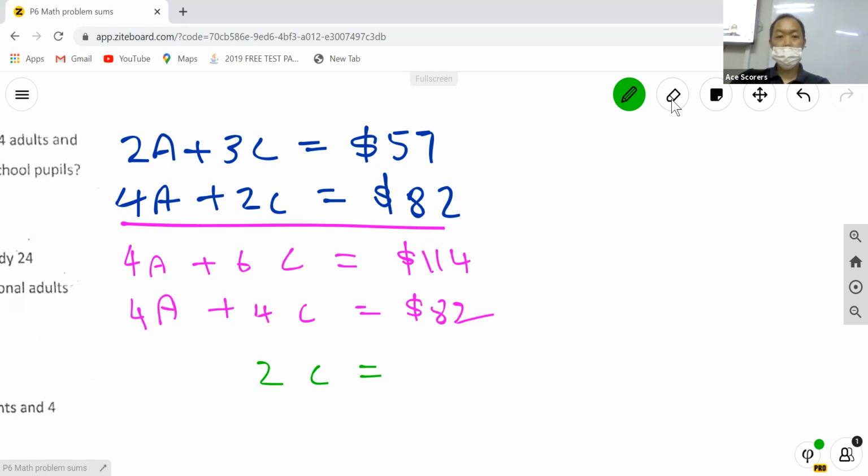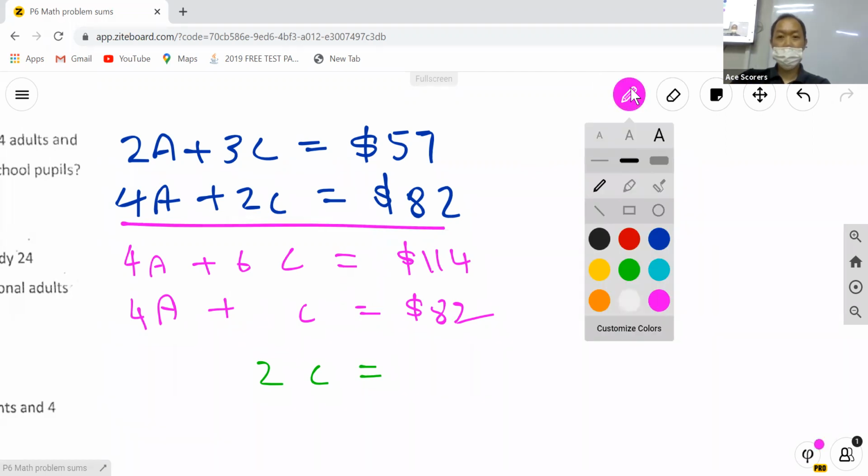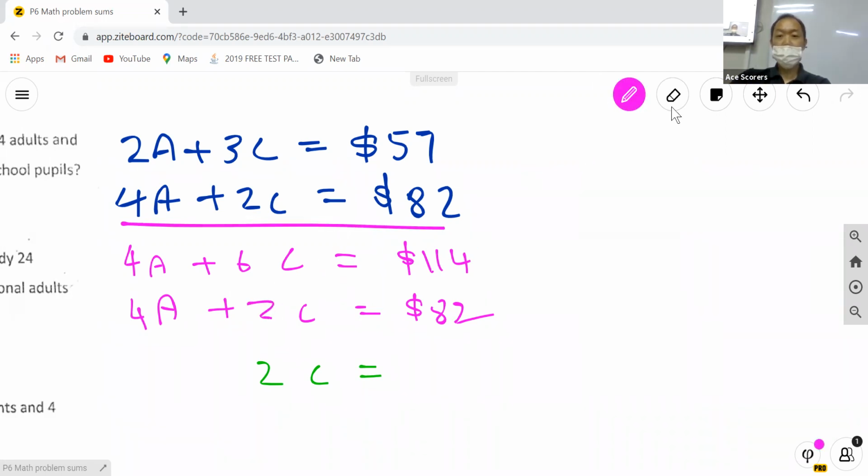Sorry, why did I put 4? So 2C equals 114 minus 82, which is 32. Right, so one child costs $8.